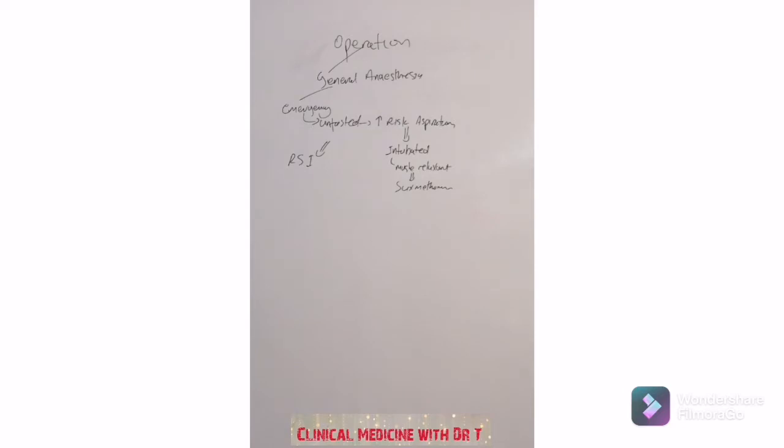So if you look at this patient, we know why we're going to do a GA, we know why we have to intubate, and we know why we're going to do a rapid sequence. So we have answered this question.